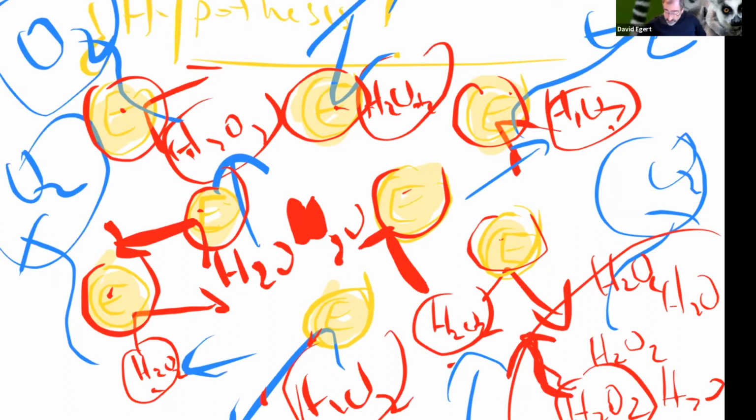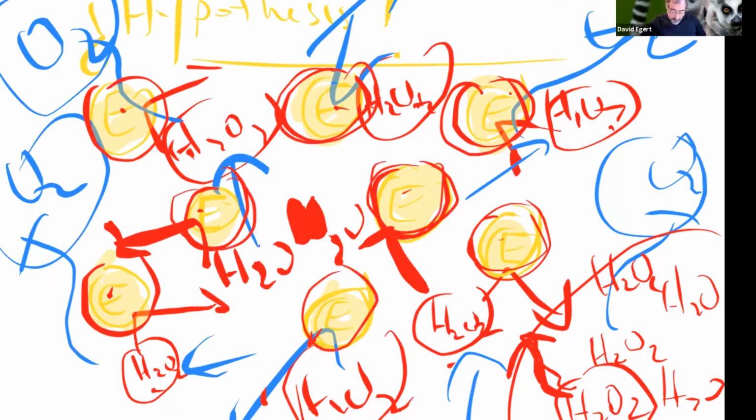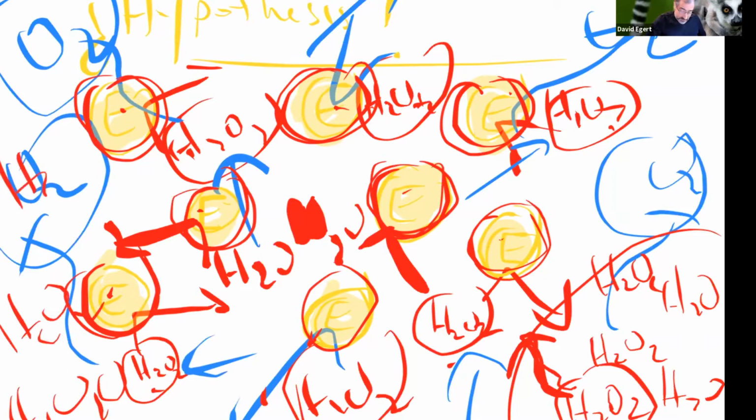So assuming that we've hit this enzyme saturation, meaning all the enzymes are working as hard as they can, then it doesn't matter how much more hydrogen peroxide I'm adding into the mix. It's still going to keep going at whatever rate it goes when the enzymes are working as hard as they can. Does that make sense?